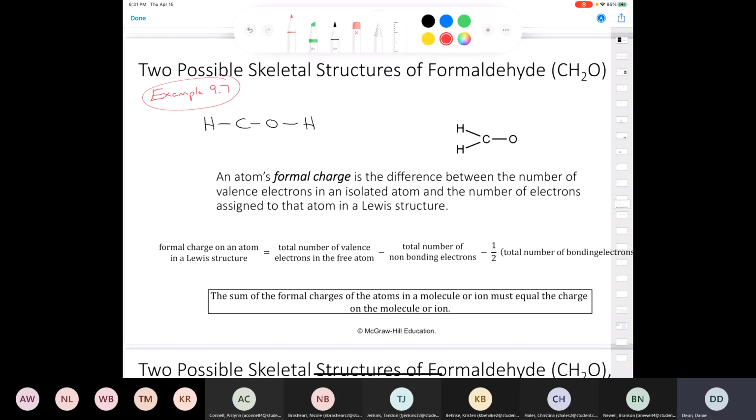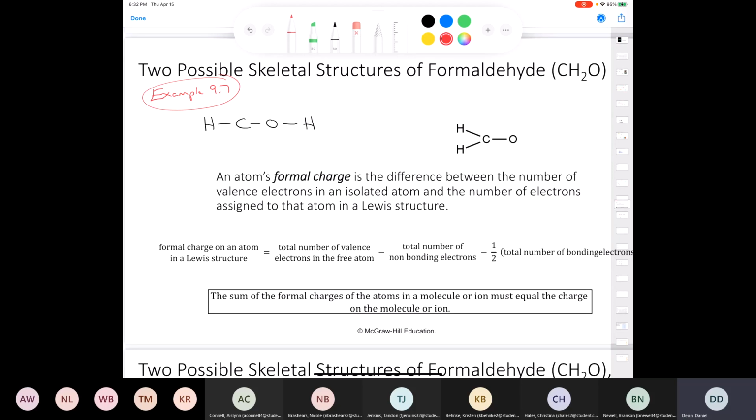So example 9.7 is basically this kind of treatment where it talks about coming up with a Lewis structure for formaldehyde, right? If any of you have taken biology, you know what formaldehyde is. It's used as a preservative, okay? Anyhow, it goes through a whole treatment of formaldehyde and how there are 2 possible ways that you could put formaldehyde together in order to get an acceptable Lewis structure where all the atoms have complete octets.